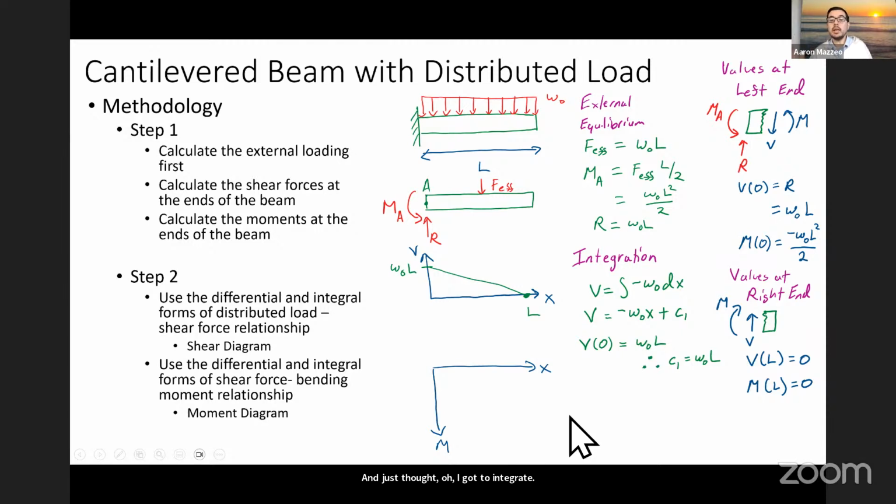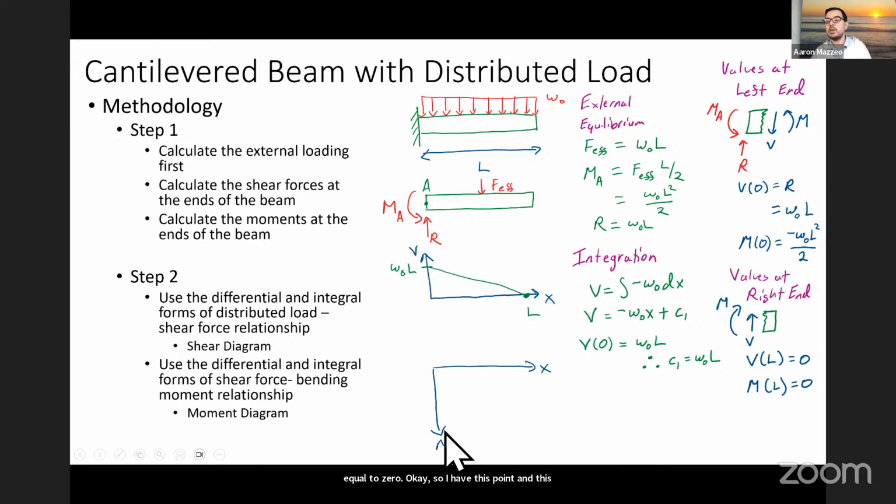Similarly, again, I could just draw before we do the math, which I will do. I could just say, hey, I know that at 0, it's minus W naught L squared over 2. And I know at the right side, it's going to just be equal to 0. Okay, so I have this point and I'm integrating a linear expression.